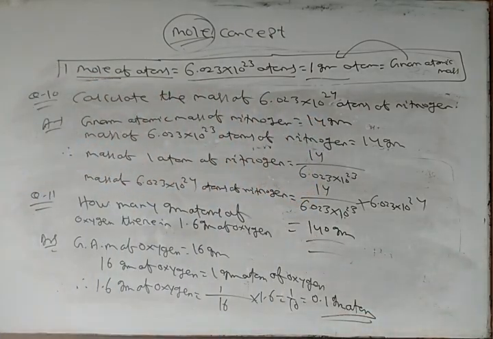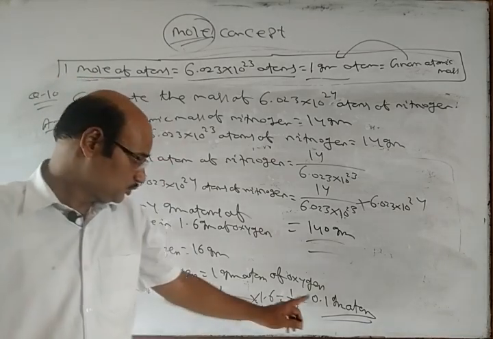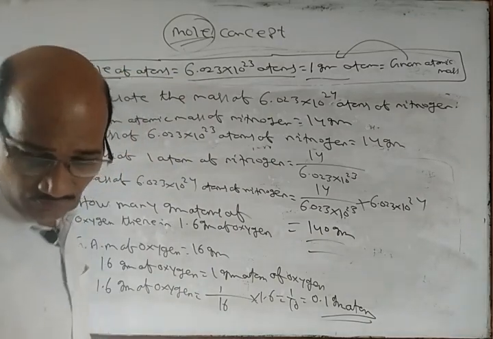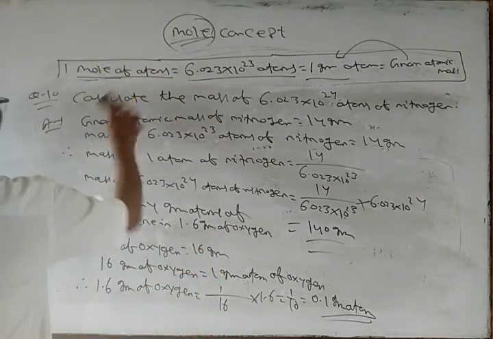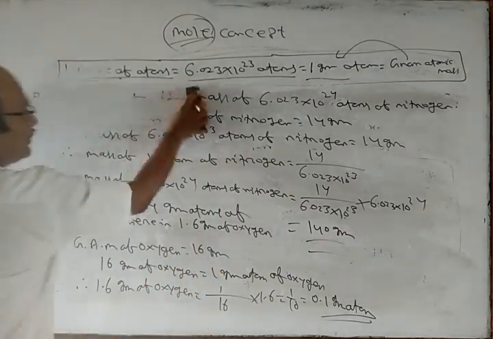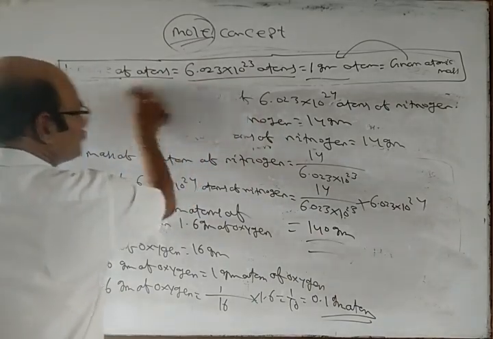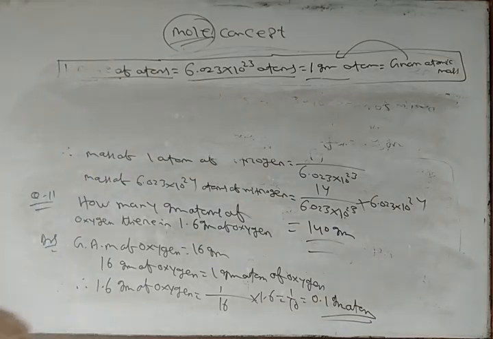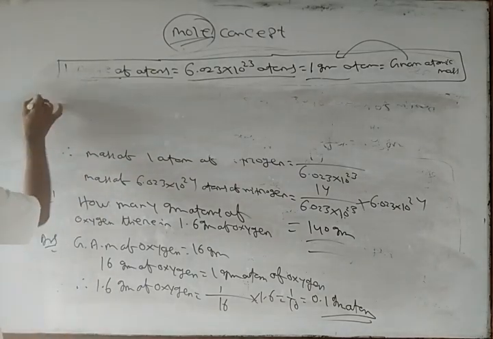So 1.6 gram of oxygen atom is equal to what? 0.1 gram atom of oxygen. Okay. Similarly, I can relate the gram atom into mass. Question number 12.